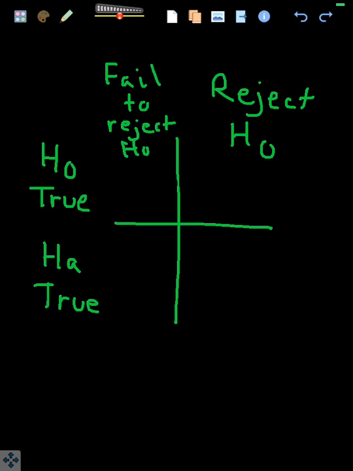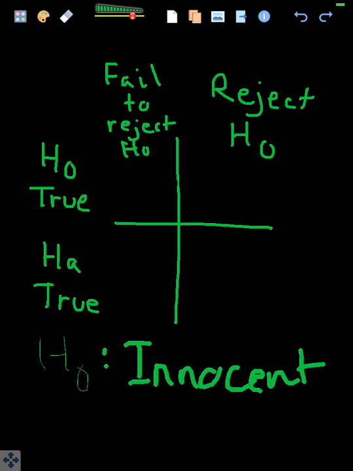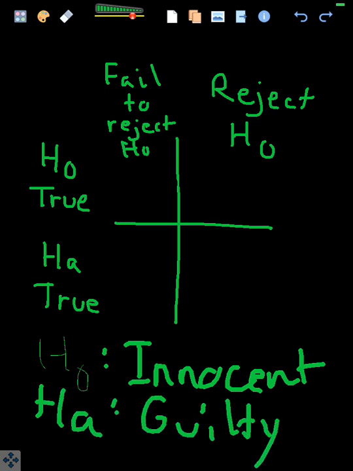Now, the null hypothesis would be that I'm innocent because in America anyways, we start with the assumption that you're innocent until proven guilty. Now, the alternative is that I'm guilty. I actually did shoplift those. You know they were double stuff, obviously. Don't even have to say that. That's the alternative hypothesis.